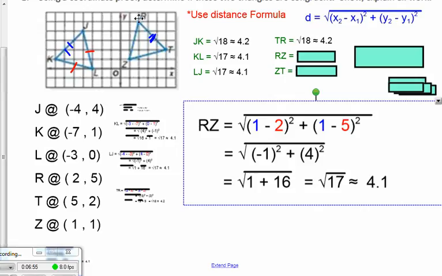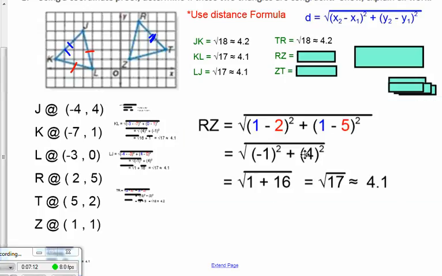Okay, moving on from there, let's look at some of our other sides. R to Z, this here. Again, using Z, 1 and 1, R, 2 and 5. 1 minus 2 is -1. -1 times -1, or -1 squared, is +1. 1 minus 5 is, oops, this should be a -4.